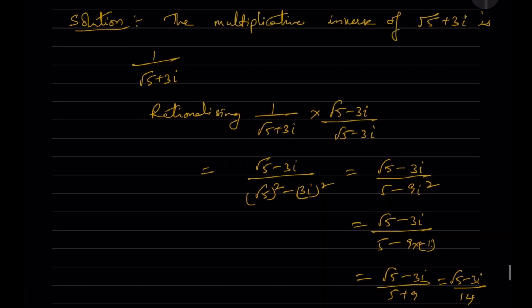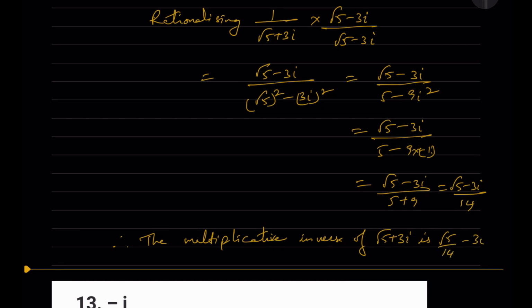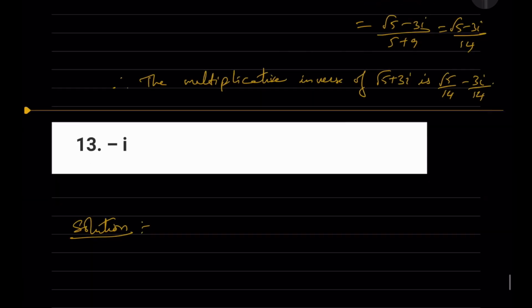So therefore the multiplicative inverse of root 5 plus 3i is root 5 by 14 minus 3i by 14.